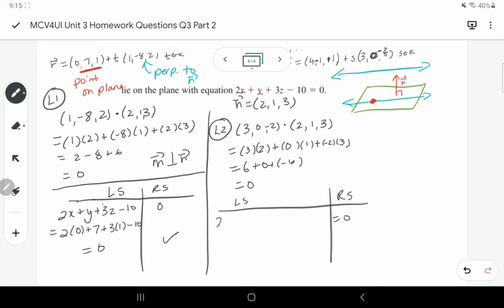Left side, we've got 2 times 4, using just that one point, plus y is -1, plus 3 times 1, minus 10. So here 8 minus 1 plus 3 minus 10 is 0. So therefore both lines are on the plane.